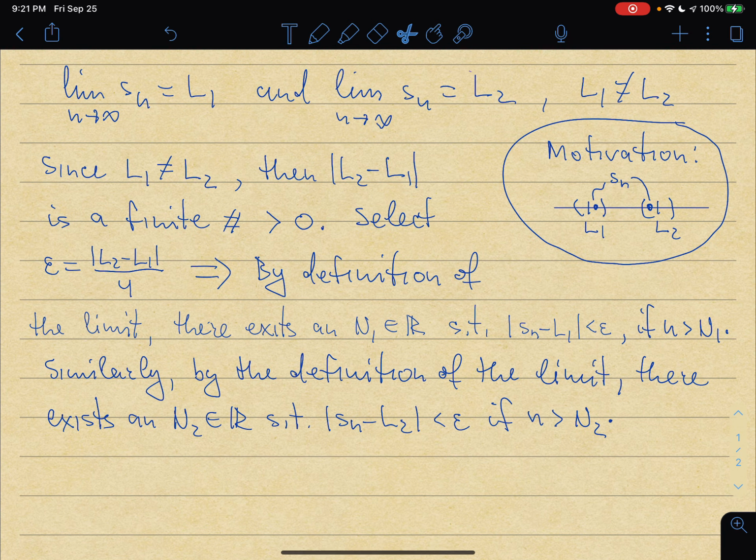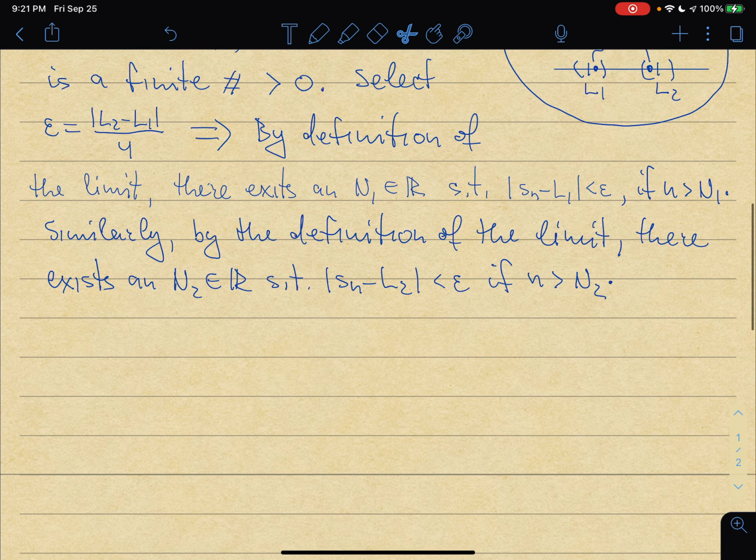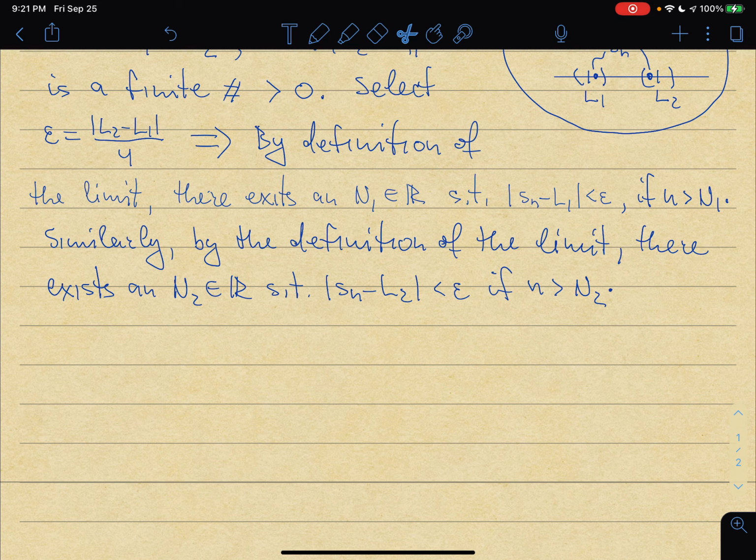Each limit satisfies a definition. And so if I use a common epsilon in both definitions, I should be able to find thresholds n1 and n2, such that if n is bigger than n1, then Sn is closer than epsilon to L1, and if n is bigger than n2, Sn is closer to L2 than epsilon.